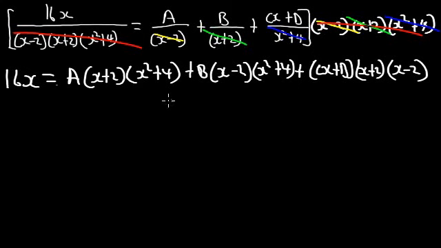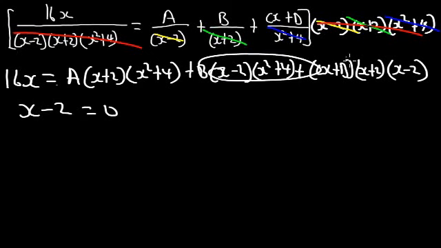We have to find the value of A first in all cases. How can we determine the value of A? To determine A, we need to make this 0 and also this 0. To do that, we need to look for a term that is present in all cases. It's present here and it's present there too. That's x minus 2. So at x minus 2 equals 0, this whole term is 0 and this also becomes 0.